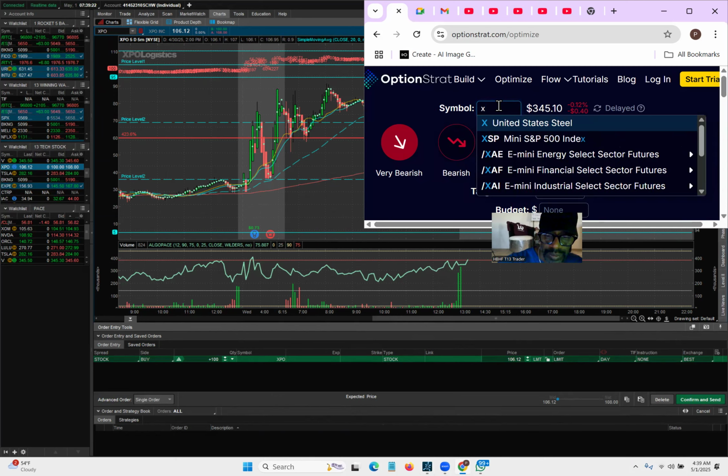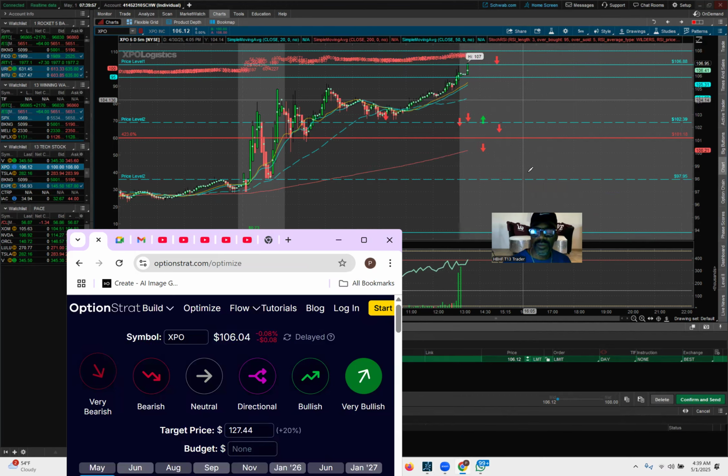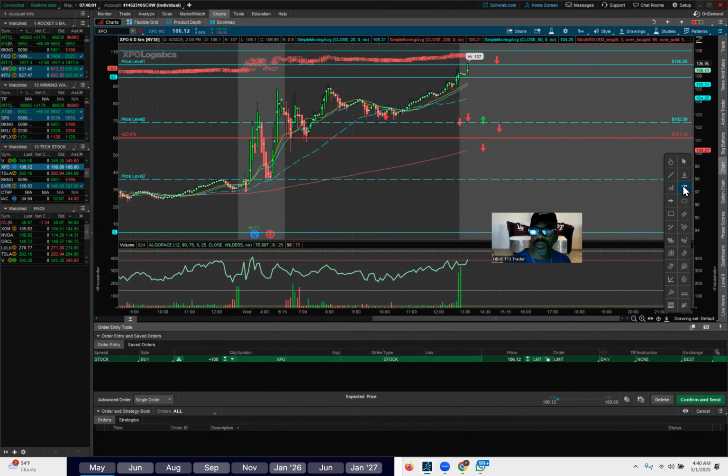Price target 106, 116 off of 106 close and its high. So we're looking at 116 and 127. Still within $8. So you got 116, 127. XPO target calls.